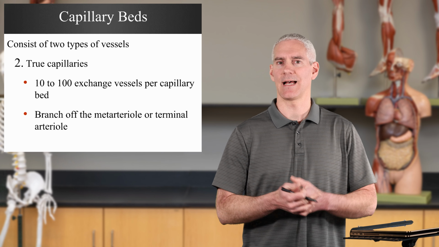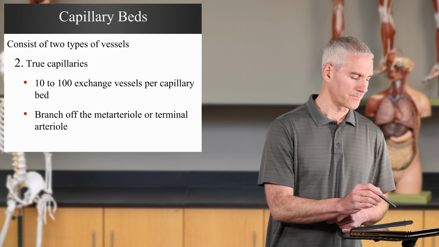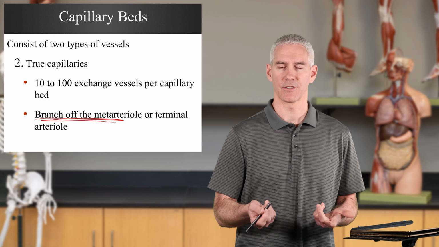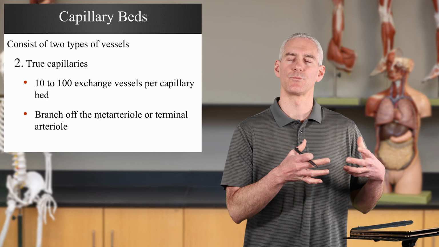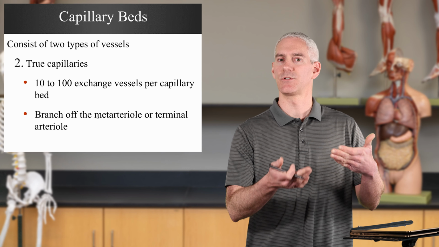It varies depending on the actual capillary bed. But these true capillaries are branching off of the meta-arterial typically. They can come off of the terminal arterial too, but a lot of times off the meta-arterial. This is where the real true exchange is occurring. It's where most of the diffusion and absorption is happening.